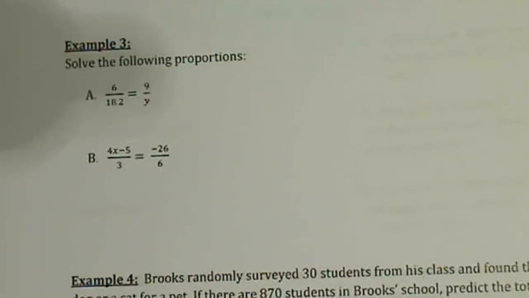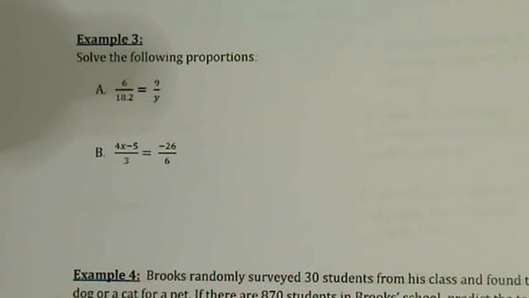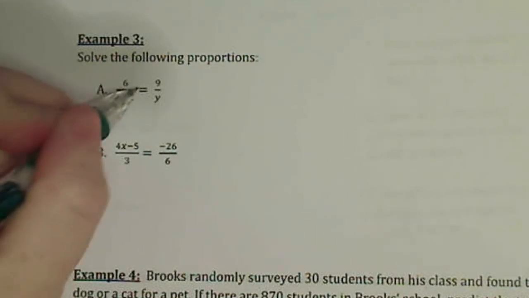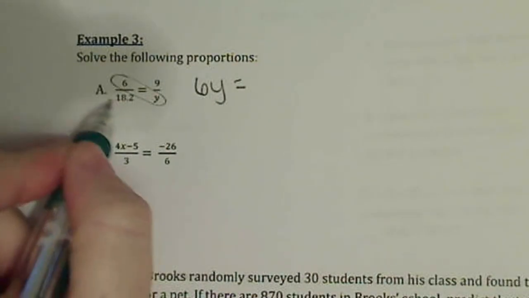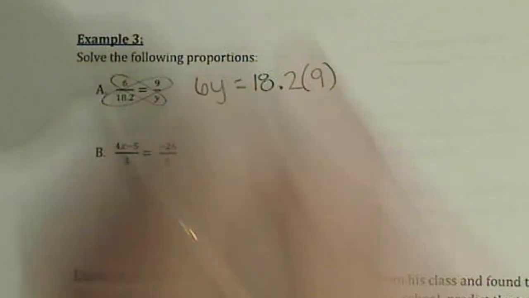Let's try solving some proportions. See if we remember how to do that. Okay. So remember I told you you could solve a proportion by cross multiplying. So that's what we're going to do. We're going to cross multiply. 6 times y equals 18.2 times 9.